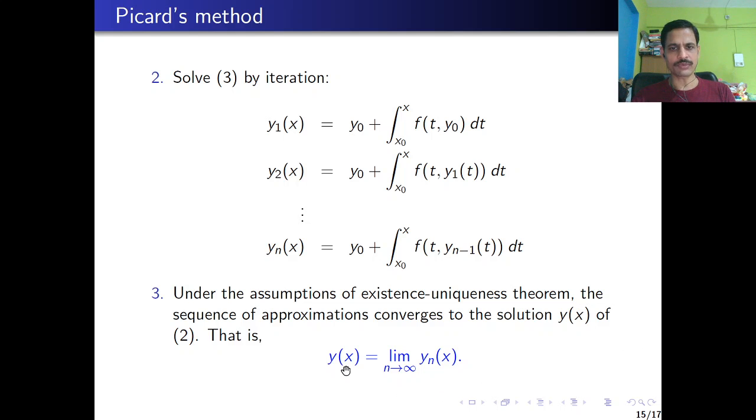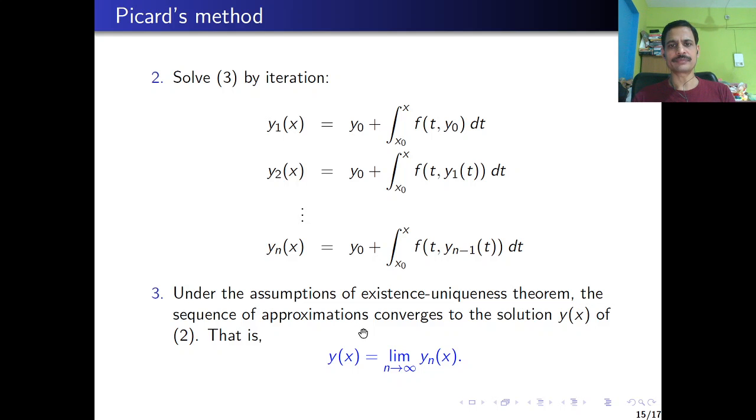So the solution y of x is given by the limit as n tends to infinity of yn of x, where yn of x are all functions. This is a sequence of functions, and this sequence of functions converges to another function, and that function is the solution of the given initial value problem of first order ODE.